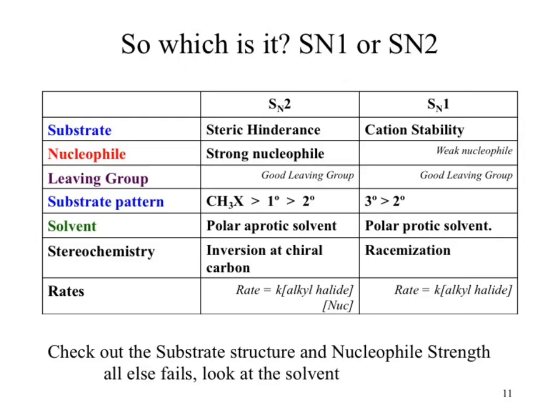We want the tertiary substrate because it gives the most stable carbocation. In our SN2, we want minimal steric hindrance, which means what substrate reacts the best? Our methyl, or our zero area, faster than our primary. Okay? So this summarizes pretty much everything, including your rates.